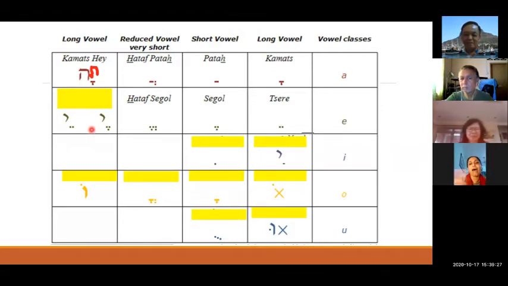Okay, and so the last one is, again, a vowel with a consonant. You've seen the yod consonant. Now you're wondering what these two are doing together. Just as we explained earlier about the kamats hey, here again you will find in certain Hebrew words you will have the segol and the yod. If the yod does not have any vowel attached to it, then it is part of the long E vowel.